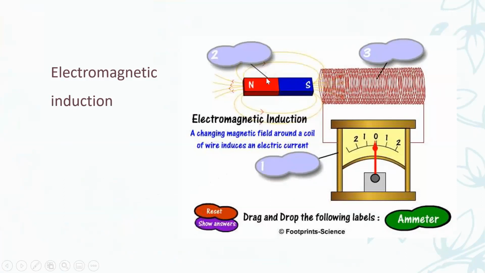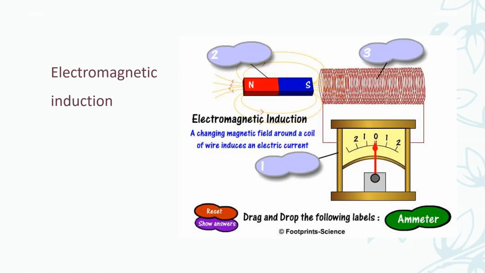If you bring this bar magnet close to this coil, what will happen? This coil will come in the magnetic field of this bar magnet. And as a result of that magnetic field, a current will be generated in this coil. And because of that current, the needle of the ammeter will be deflected to either side.